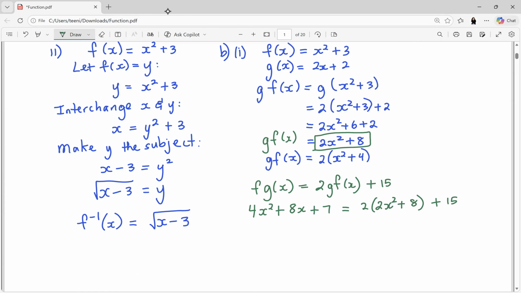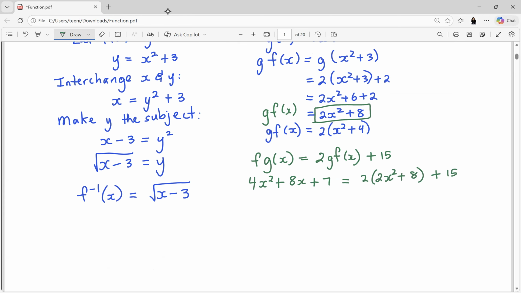And now we're going to solve the equation. We're going to simplify first of all. So nothing changes here. It'll be 4x squared plus 8x plus 7. Removing these brackets, you'll get 2 by 2x squared, which is 4x squared. 2 by 8 is 16 plus 15.